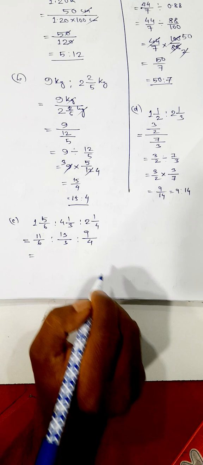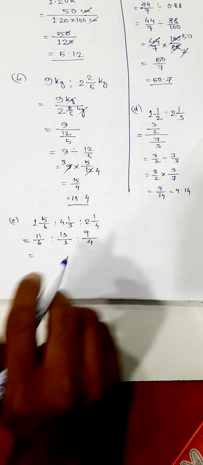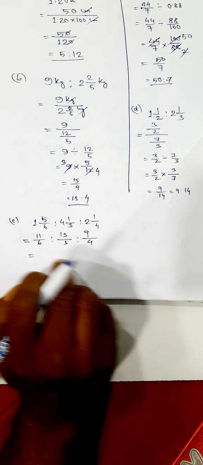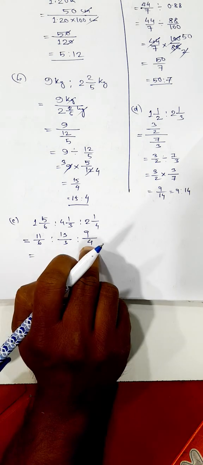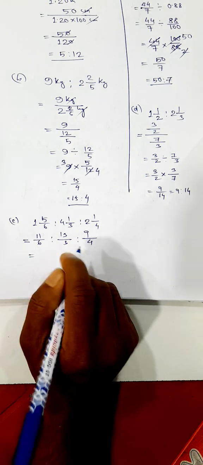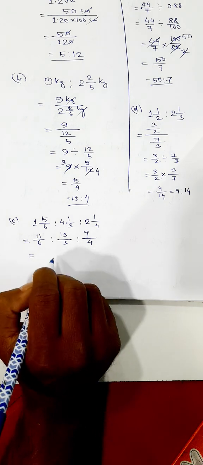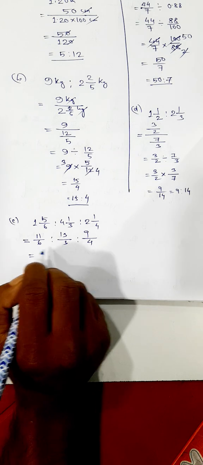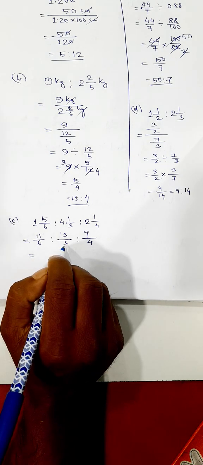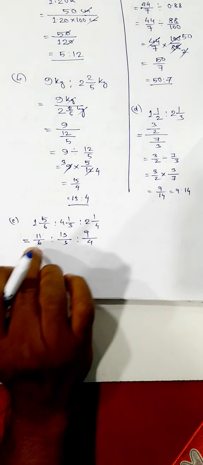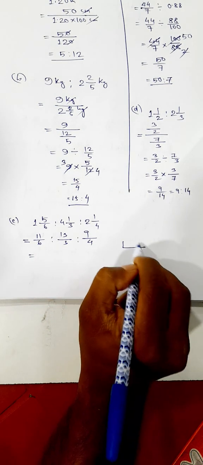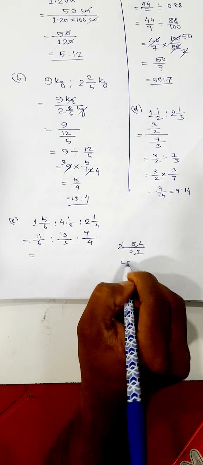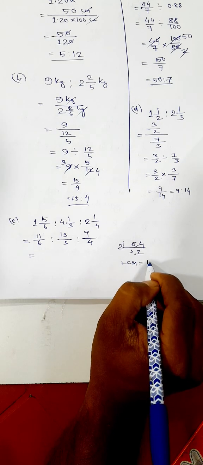Now these are fractions. We will try to simplify this again. Let's find the LCM of these denominators 6, 3 and 4. Now 6 is completely divisible by 3, so LCM of 6 and 3 is 6. Now LCM of 6 and 4, 2 3s are 6, 2 2s are 4, so LCM equal to 12.